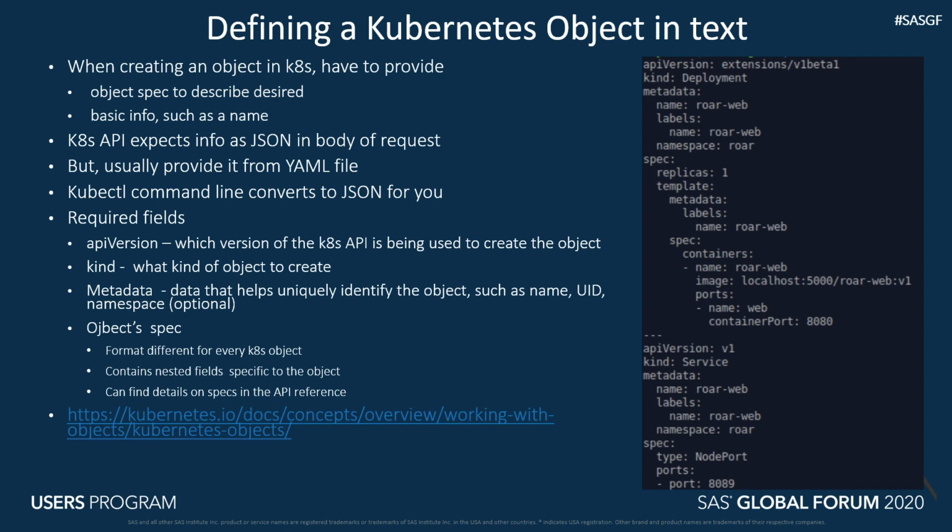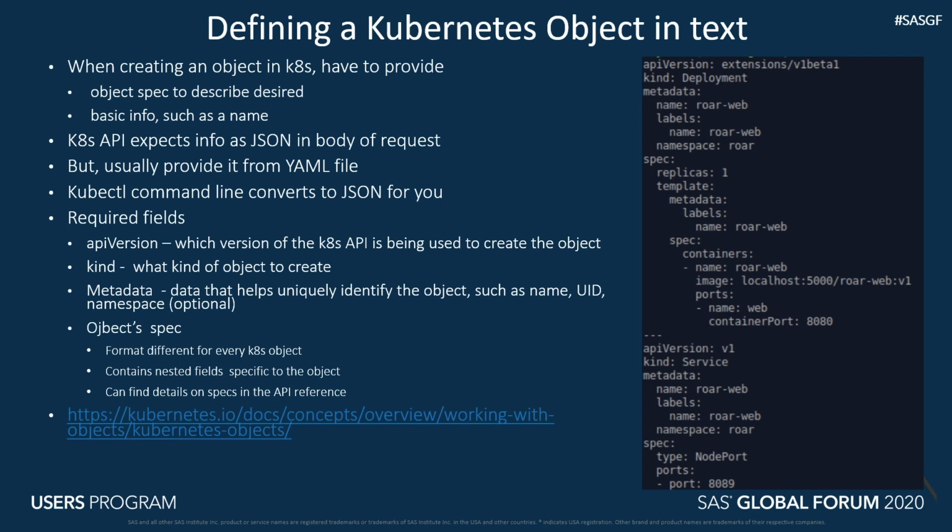There's an API version. Which version of the Kubernetes API is being used to create the object? This helps us ensure that we're referencing a version of Kubernetes that can support what we need, especially if it's something fairly new. You may need to specify a newer API version that you can run against. We have the kind: what kind of object to create? Is it a deployment?